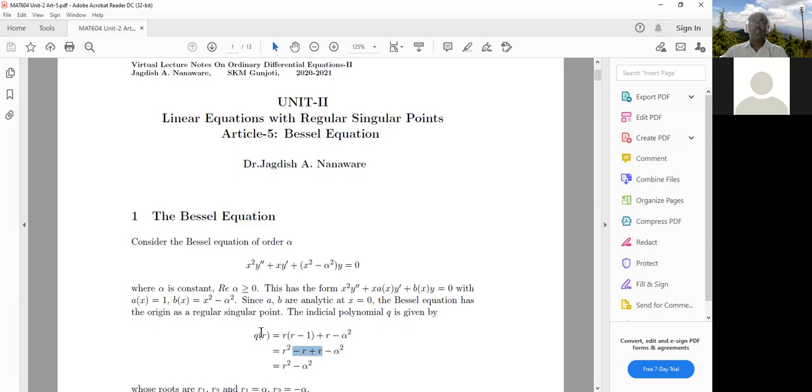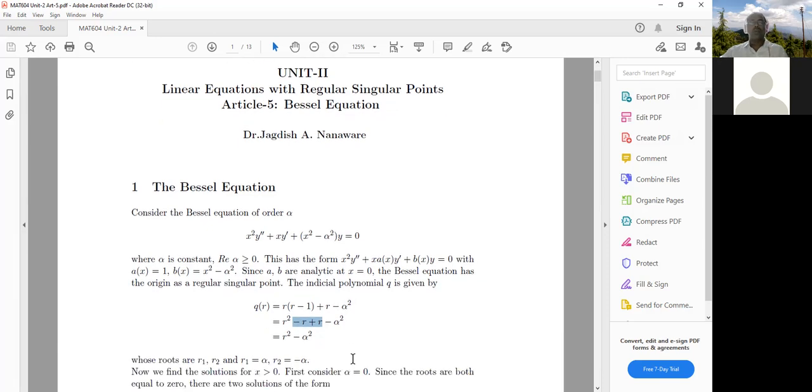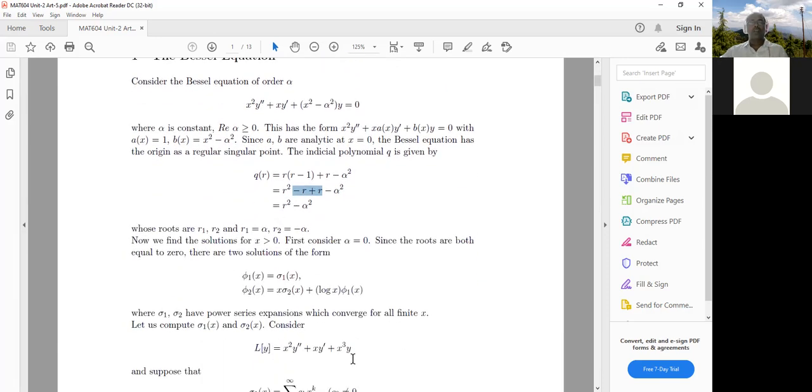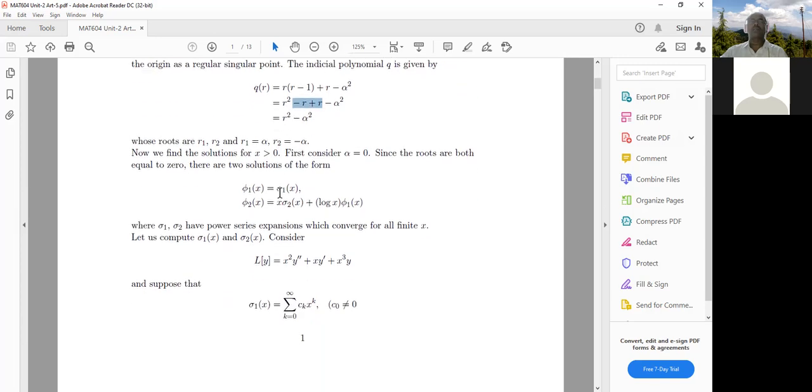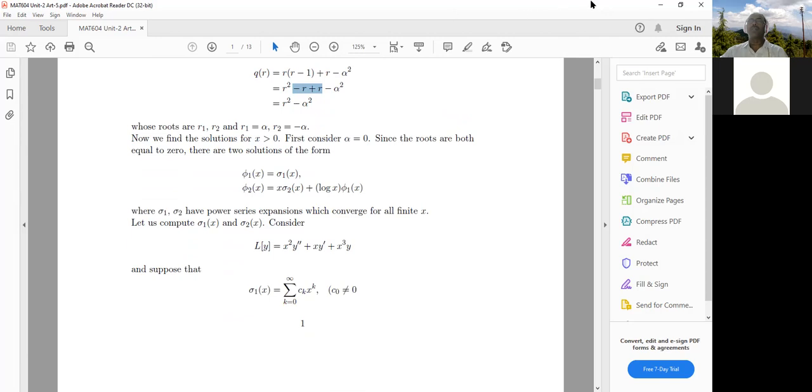So here the initial polynomial for the Bessel equation is this: q of r is equal to r square minus alpha square, where this initial polynomial has two roots, r1 and r2. So first root we denote by alpha and second root by minus alpha. To find the roots, here we just take r square minus alpha square is equal to 0.